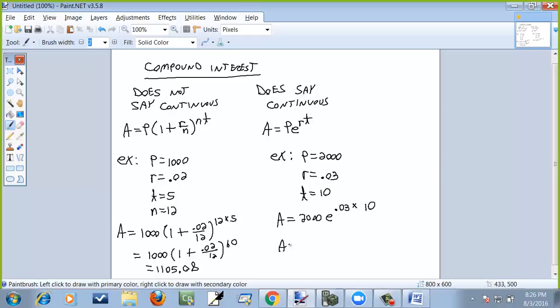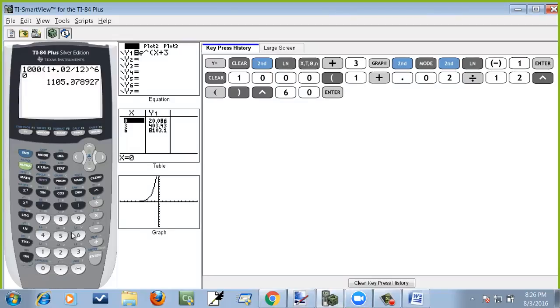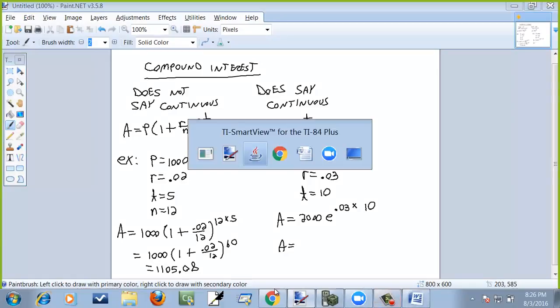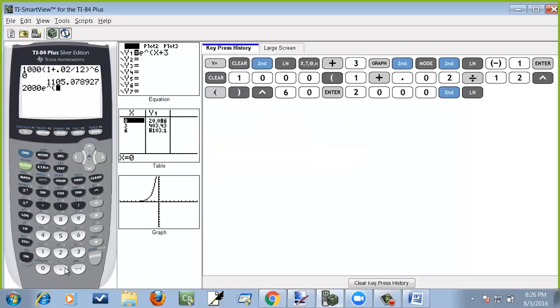Now you have to be careful on inputting these into your calculator. So if we come over here, I do 2,000, e, you do second ln, and you do not want to put any extra parentheses in here. That's why I put the little x there. And I'll have 0.03 times, what was it, 10? Times 10.